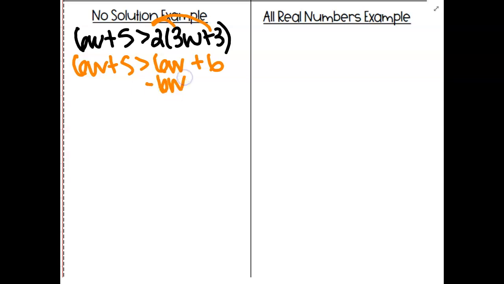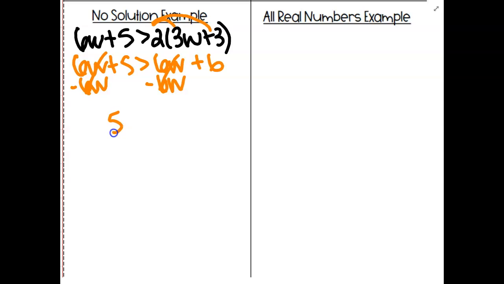But when I subtract 6w from both sides, kind of like an equation, what happens? Yeah. Okay, they all cancel out. Now, with an equation, I said you need to look at what you're left with. And if I saw 5 and 6, I'd say no solution, which may not always necessarily be true with an inequality. Because this inequality isn't saying 5 equals 6, right?